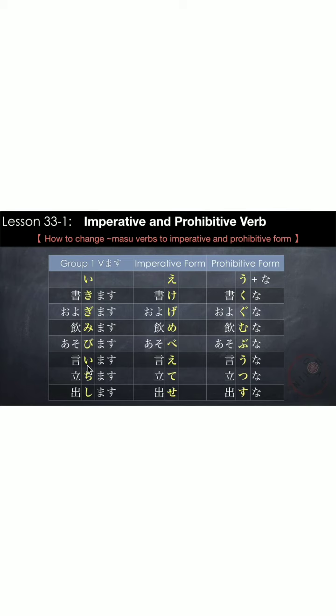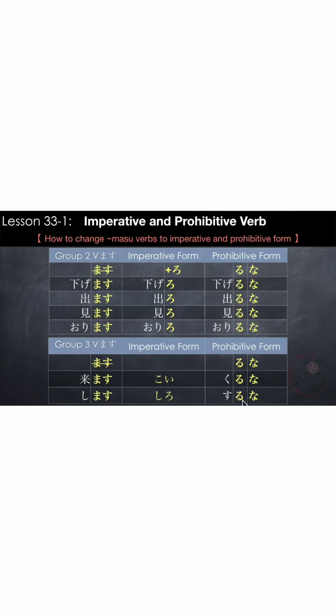Next is iimasu, meaning to say. It becomes ie and iuna. Next is tachimasu, meaning to stand up. It becomes tate and tatsuna. And lastly is dashimasu, meaning to take out or bring out. It becomes dase and dasuna.